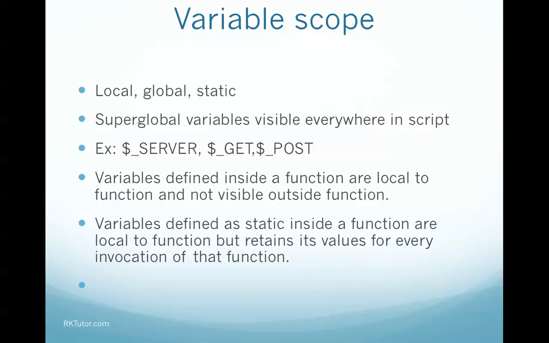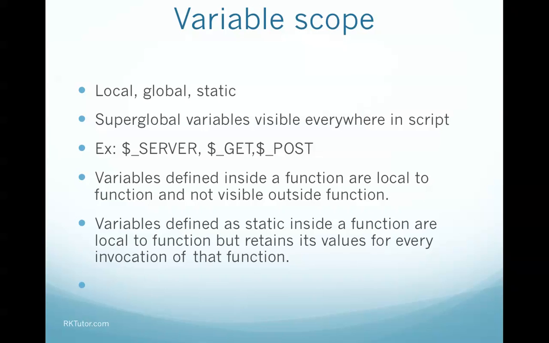And what is local? I will show you how to define a function, but assume we have a function. All the variables declared in a function are by default local. After the function is complete, that value will vanish, meaning the variable's life is only within the function.